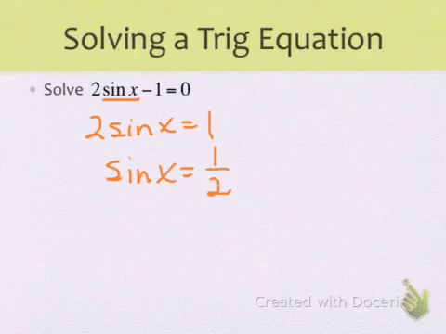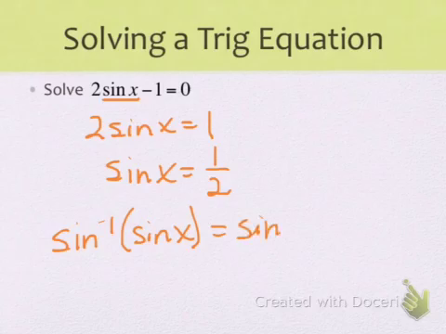Now, based on what we talked about last lesson, it seems like our next step would be to take the inverse sine of both sides. And indeed, that is our next step, but we need to think about this a little bit differently than last lesson.